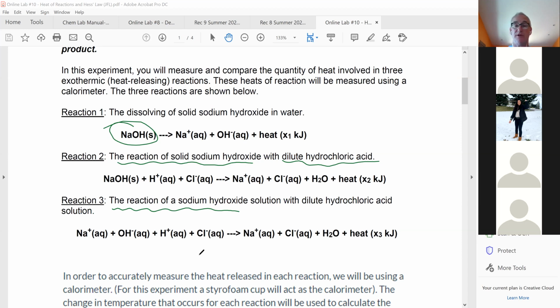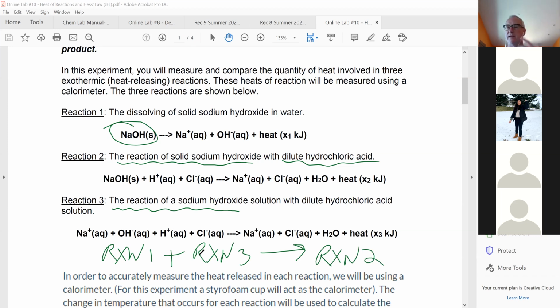So actually what we're doing, if we add reaction 1 plus reaction 3, we'll get reaction 2. Because reaction 1 and reaction 3 are both parts of reaction 2. So what we should be able to do is measure the heat from reaction 1, Q1, and the heat from reaction 3, Q3, and we add them together, we should get the heat from reaction 2.